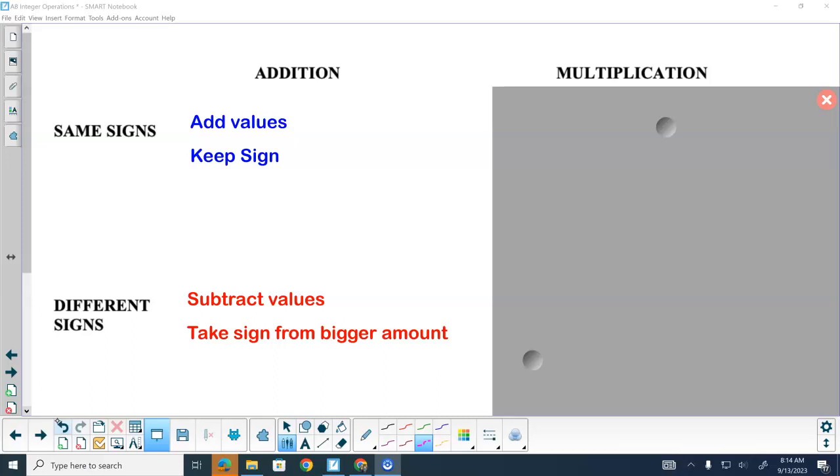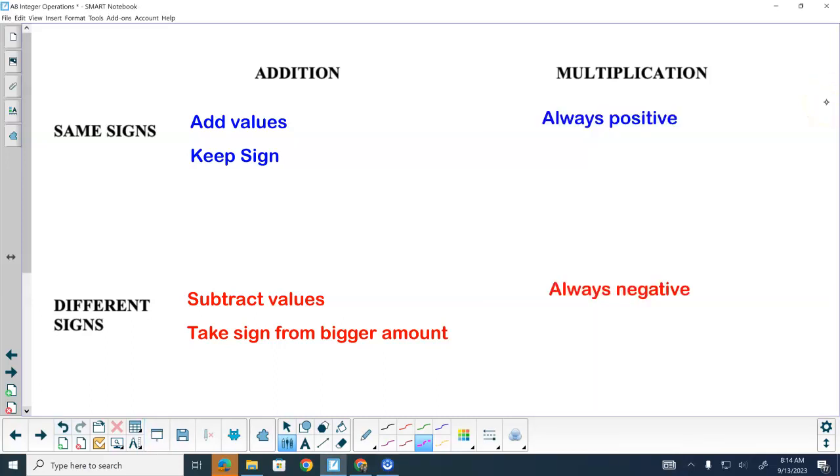And if they're different, so positive times a negative, it's always negative. So if the signs are the same, it's always positive. If the signs are different, it's always negative. So if you had 5 times 3, positive. If you had negative 2 times negative 3, positive.